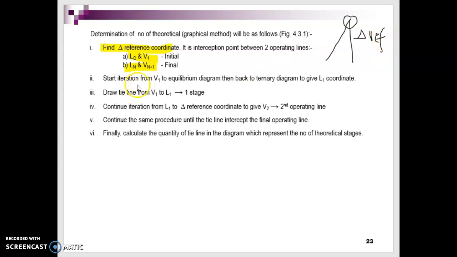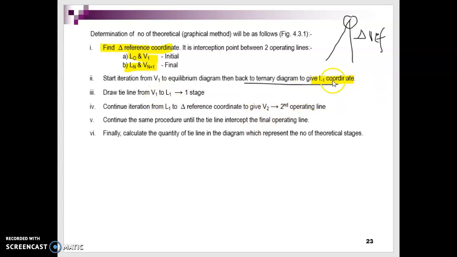Okay, next you need to start iteration from V1 to the equilibrium diagram, then back to the ternary diagram to give you L1 coordinates. And then this step proceeds until you get your final Ln.